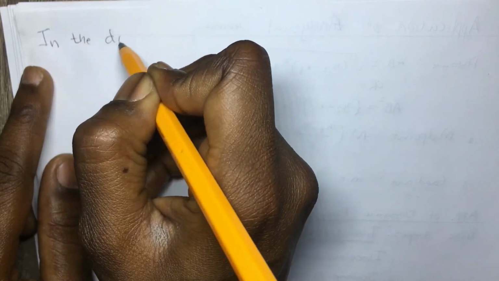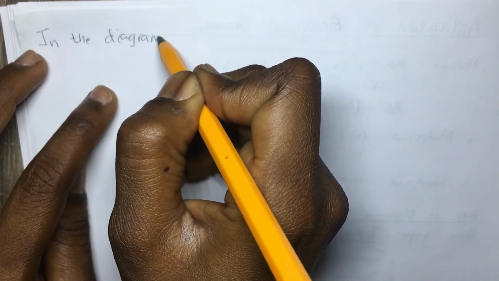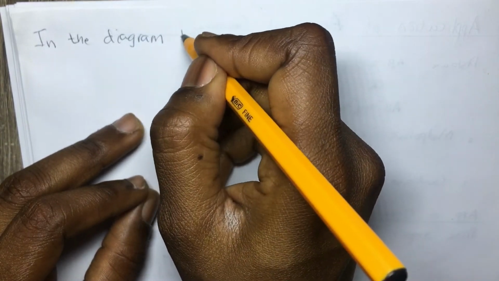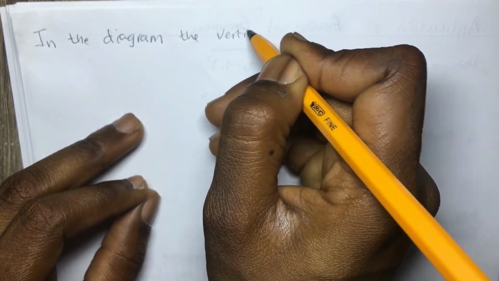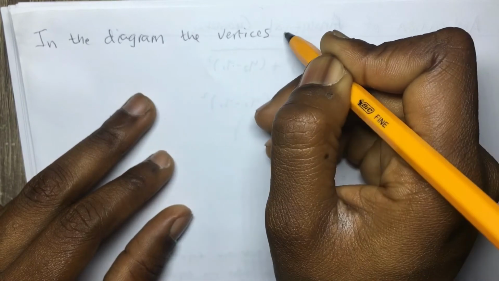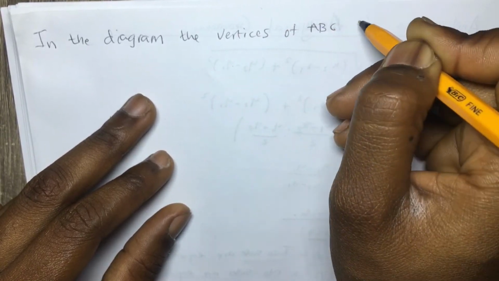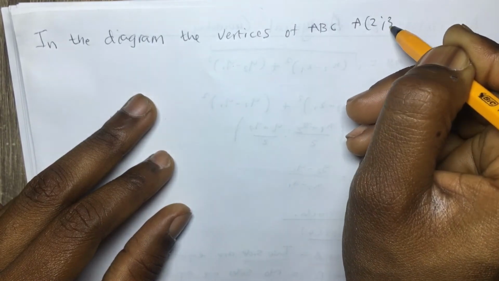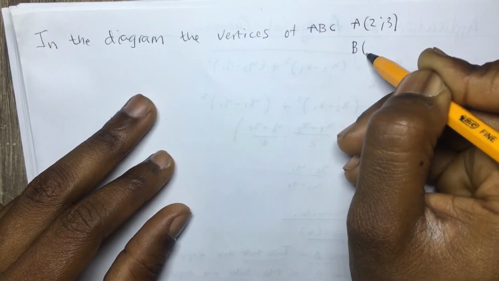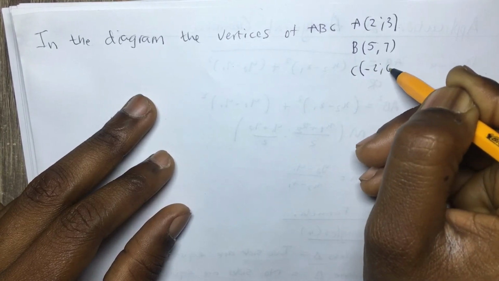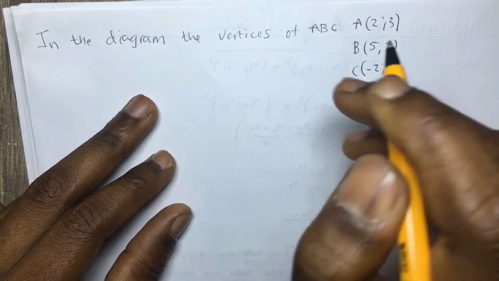In the diagram, can you see properly? The vertices, the points of A, B, C are given as point A is (2, 3), point B is (5, 7), point C is (-2, 6). All right.